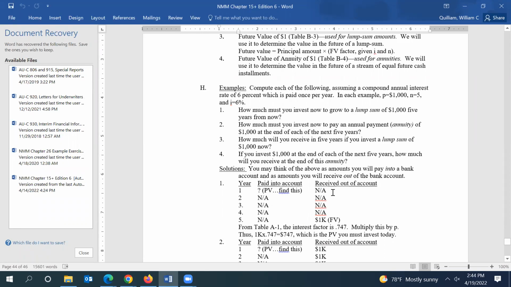What we receive out of the bank account, nothing until year 5. In year 5, we want to receive that $1,000 out of the bank account. So we go to the bank, we say, give us our $1,000 and close the bank account. Again, we could do that if we invested $747 today, here in year 1. Does that make sense? Okay, good.